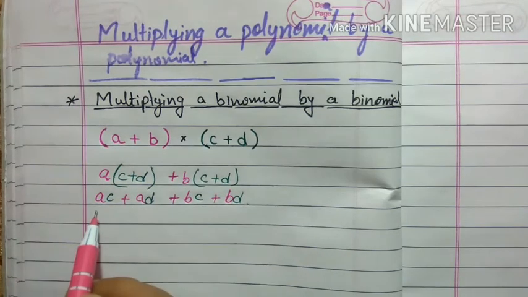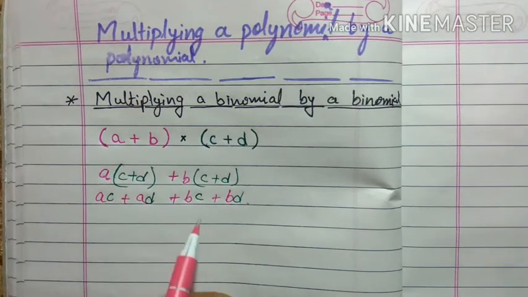Okay, so this is the multiplication of two binomials.